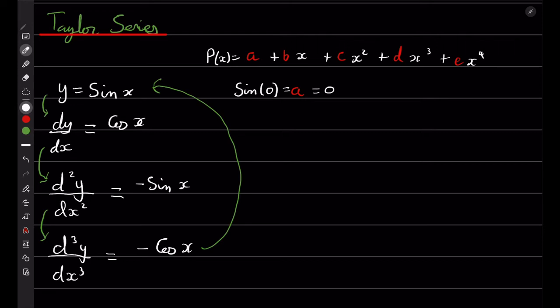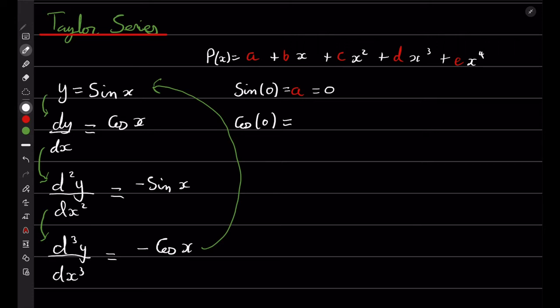Next, we take the first derivative of both the functions, and those two must also match for you to get a good approximation. The derivative of sine is cos. So cos 0 should be equal to the derivative of this polynomial: a goes away, you're left with b plus 2cx plus other terms, and all the other terms on the right will have an x in them.